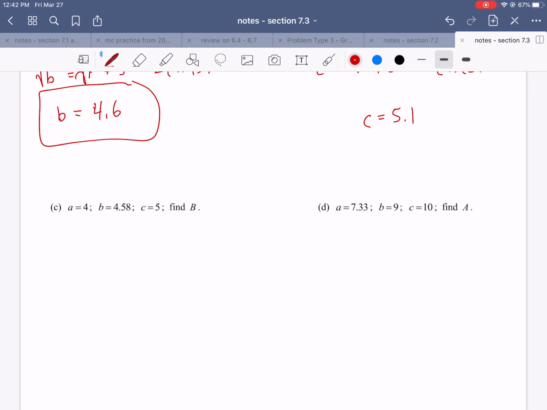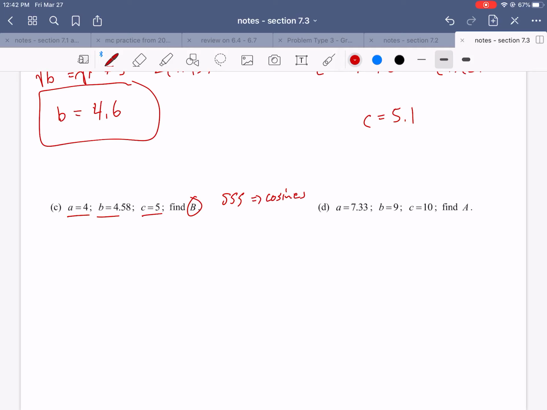Letter C and letter D are the somewhat more complicated calculations, and so I'm going to walk through this one with you. Letter C, we want to find capital B, and we are given all three sides, and the fact that it's side, side, side tells me that I'm going to use cosines.